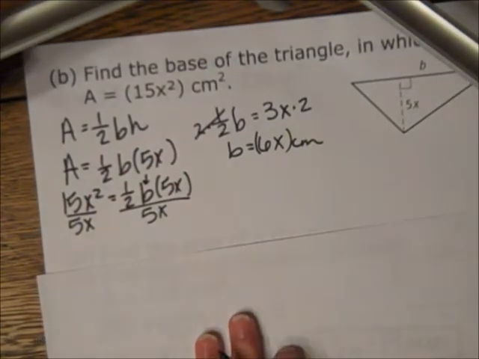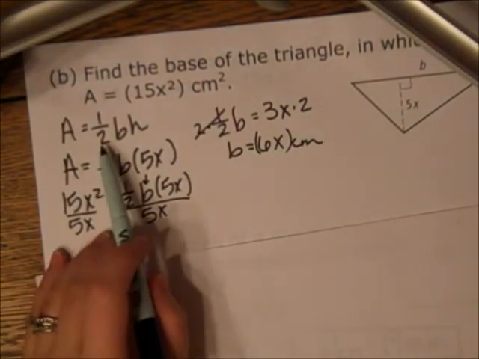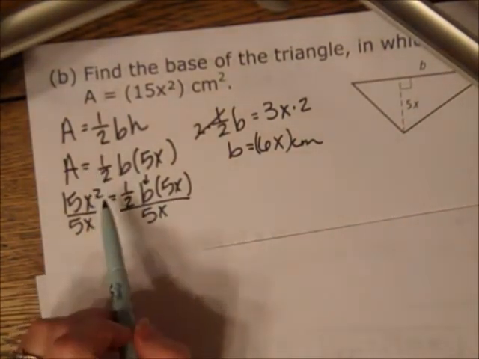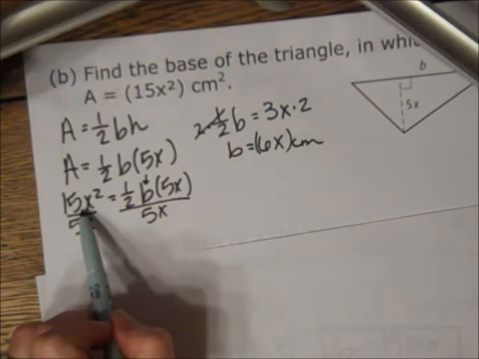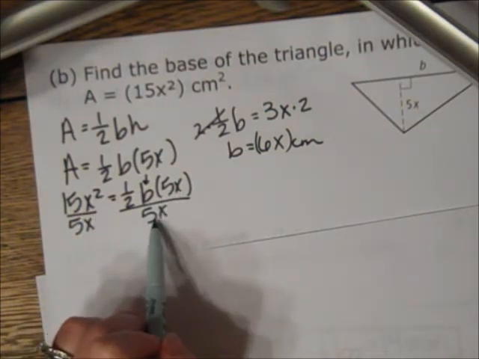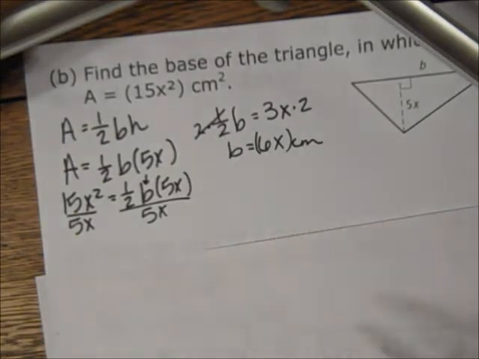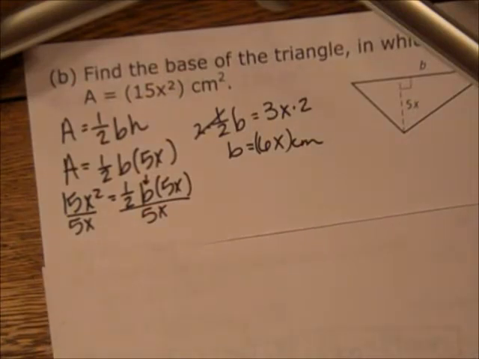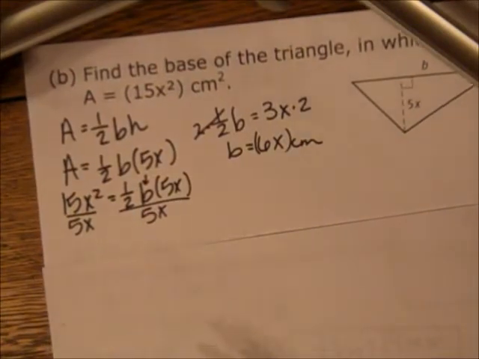There we go. So same procedure. Take the formula you know you need, plug in what you know. In this case, I know the area and I know the height, and then just solve backwards. So I divided by 5x and then multiplied by 2. You could do it in either order you wanted to. Okay, y'all pause here and try C, another trapezoid where you actually have to do some solving.